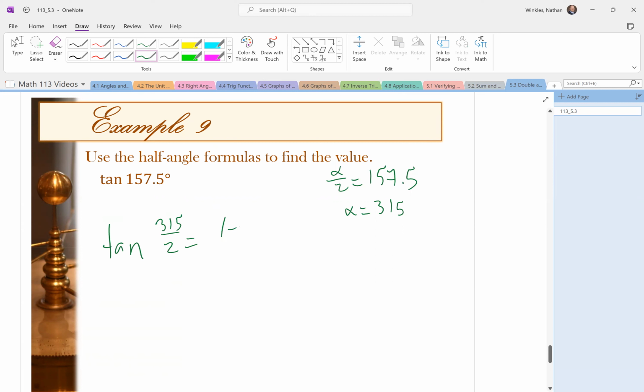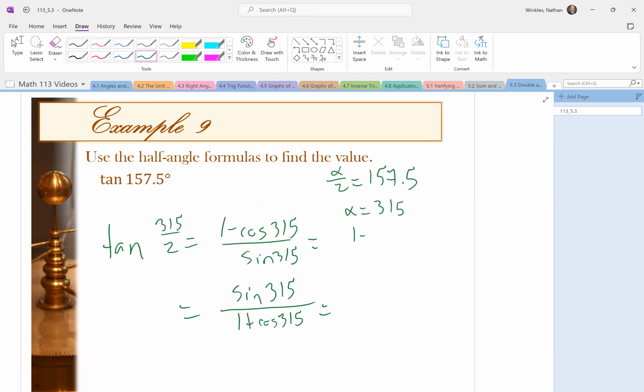So if we did 1 minus cosine 315 all over, not over 2, over sine 315, this should give us the same answer as sine of 315 over 1 plus cosine 315. So let's check them and see. Cosine of 315 degrees, that's a fourth quadrant.